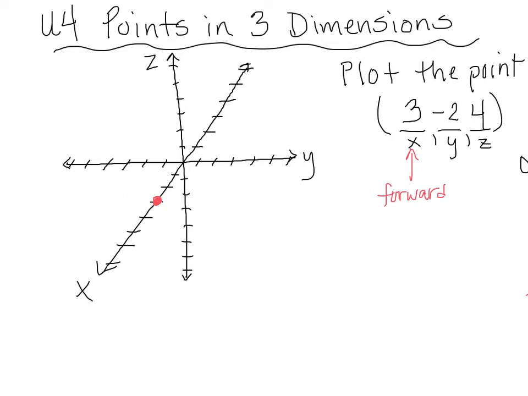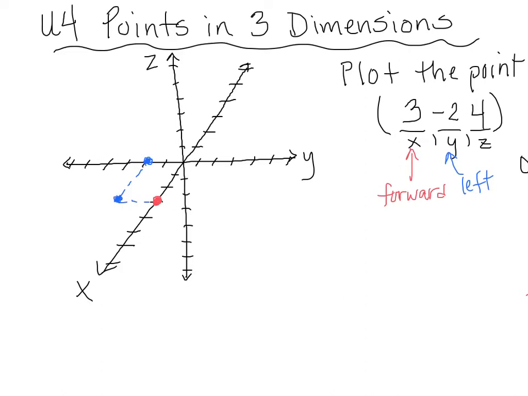And then I'm going to find my Y value. Remember that this means to the left. Okay, -2. So from the origin, I'm going to find -2 on the Y-axis. I'm going to go ahead and draw these dashed lines parallel to that opposite side to see where those 2 points would meet.